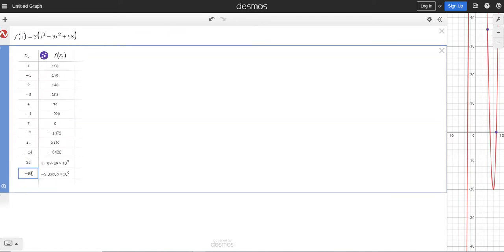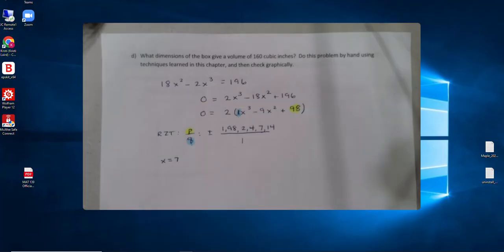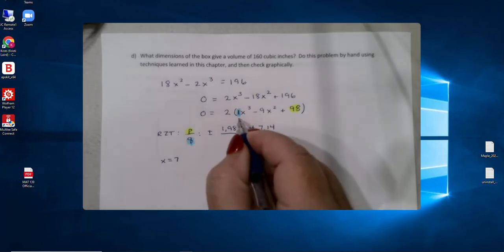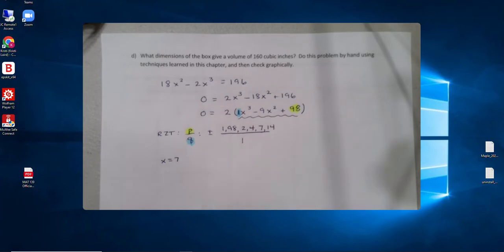All right, and that's it. So x equals 7 is the only rational 0 that we found. And so I'm going to divide that out of my function here to see if I can help get myself a factored form that will help me out.